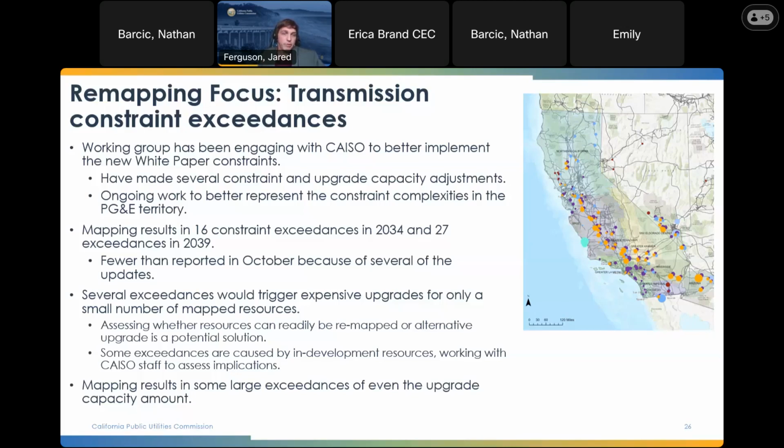And the last issue, a big 2039 issue in particular, is that we have a few areas where we are significantly exceeding the transmission capacity of even the upgrade. So we have to look at the potential transmission implications of that. Is it another upgrade on top of the identified upgrade, or is it an amount that the proposed upgrade could likely handle? Next slide.